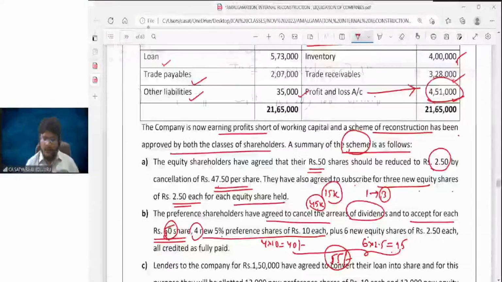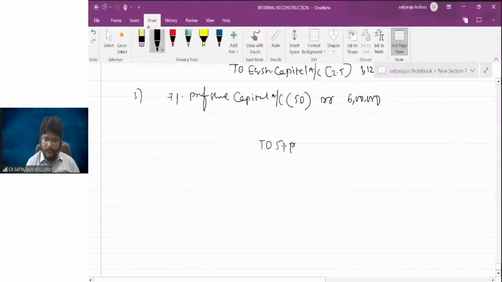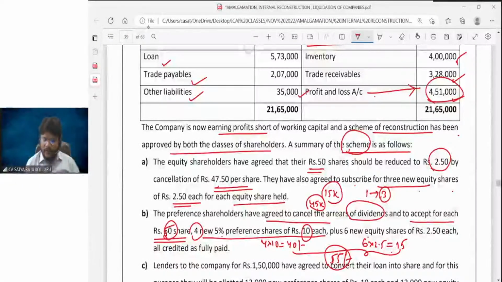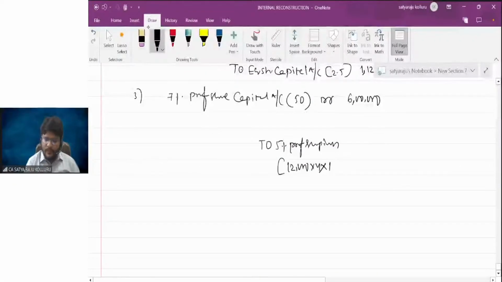That is 5% preference share capital. To 5% preference share capital, 12,000 into 4 into new preference share of 10 rupees each, which is 4,80,000.